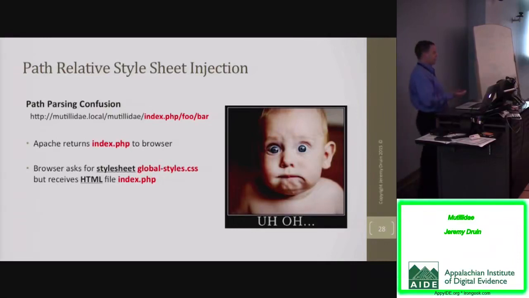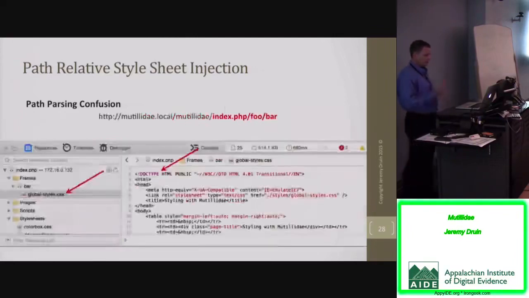So you have a situation where the browser is asking for a style sheet named global_styles.css. Apache ends up asking PHP for the index.php file, which PHP is more than happy to return because that does exist. So the browser wanted a style sheet, but it got back an HTML file. And we can actually see this in this screen capture here.